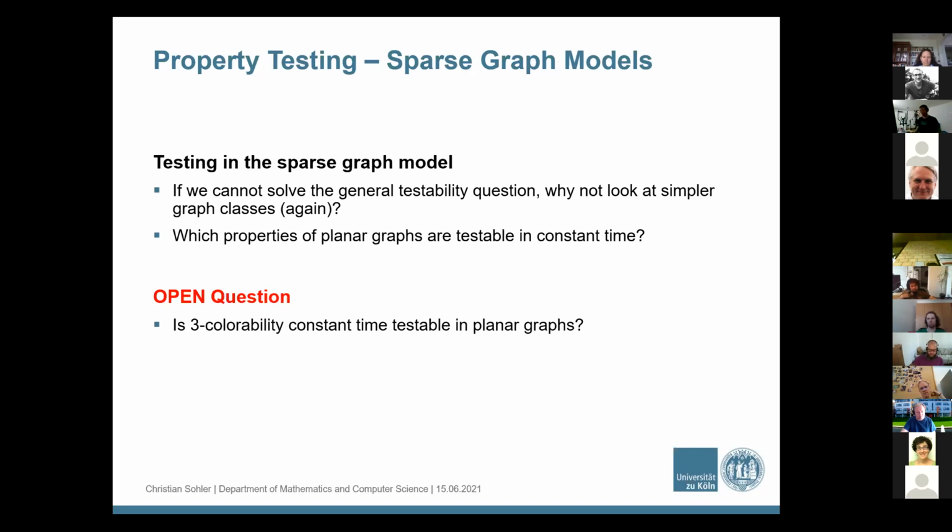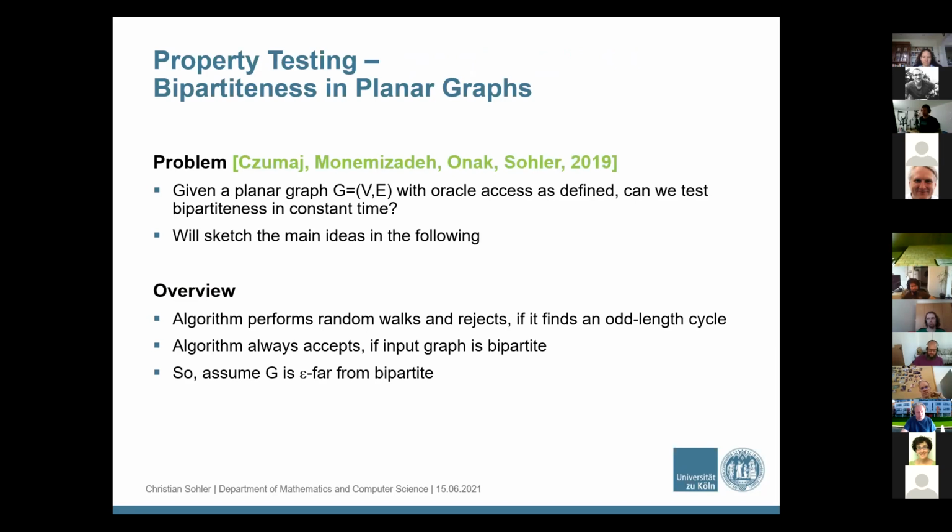And what we could solve is we could show that bipartiteness, so two colorability, is constant time testable. And in the following, I will sketch the main ideas of the proof here. So let me start with some very brief overview.